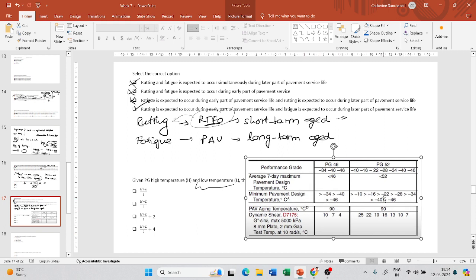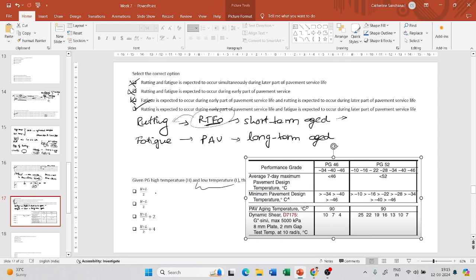So here you see 3 values, 34, minus 40 and minus 46, and one value which is 46. 46 is the high temperature of the place, and 3 low temperatures you see, which is minus 34, minus 40 and minus 46. For these given temperatures, they have given you 3 intermediate temperatures. So let us check which of these options is correct.